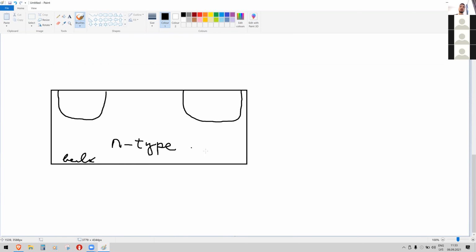It has lots of free electrons, but then these pockets we dope with, for example, 2 times more boron, so that this becomes P and heavily doped, so heavily that it overrules the N-type that was originally there. And now we have a P pocket, N material, and P pocket.